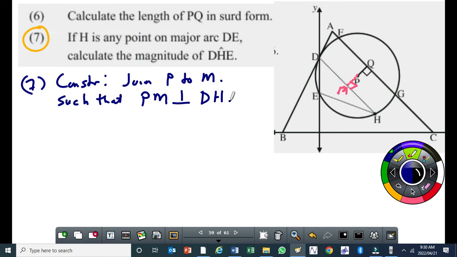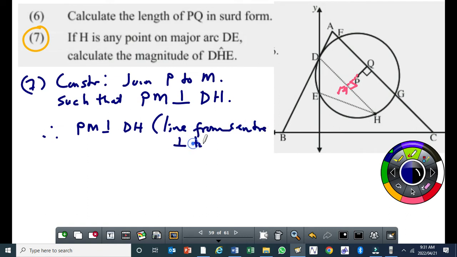Once we have that, we can now say, therefore, PM is perpendicular to DH. Our reason will be line from center perpendicular to chord. That's why those two are perpendicular.